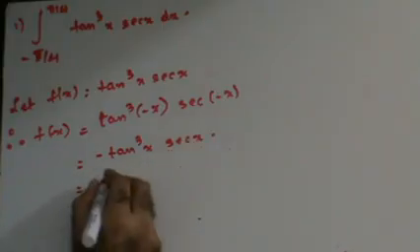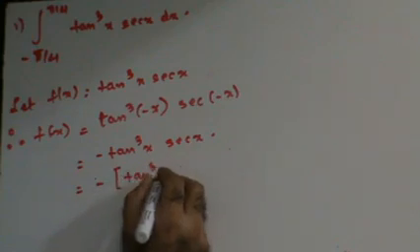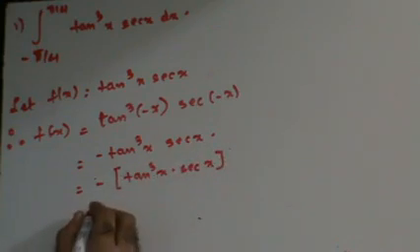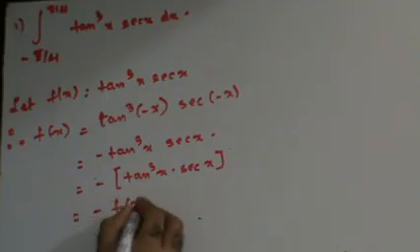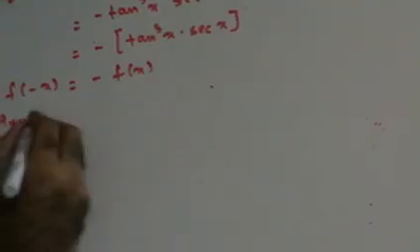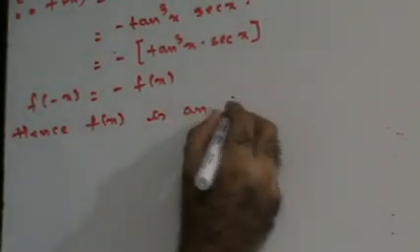So this is going to be minus tan cube x into sec x. So in that case this is going to be minus f of x. So we found out that f of minus x is nothing but minus f of x. Hence I can say that f of x is an odd function.